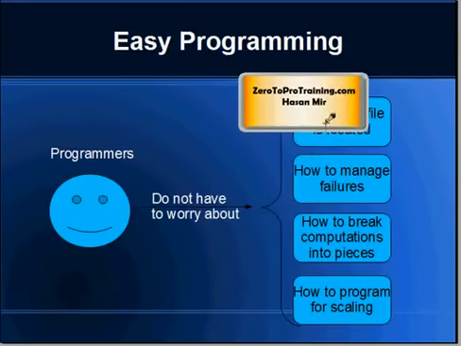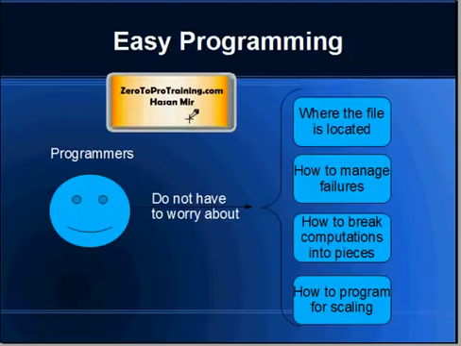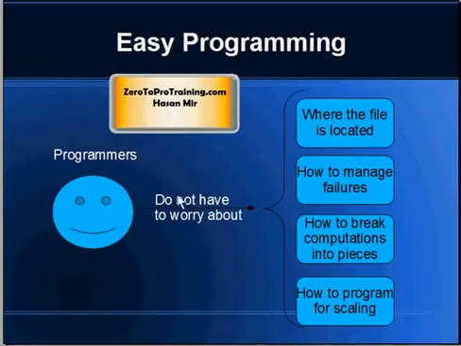So we have talked about how Hadoop has solved the challenges provided by big data, and we have talked about the architecture of Hadoop. This brings us back to the bottom line. The programming is now very easy for the programmers. Programmers do not have to worry about where the file is located.